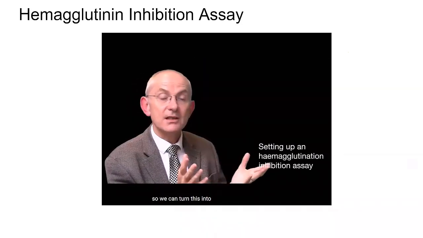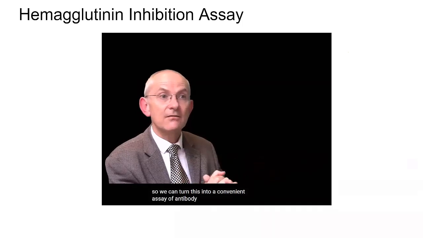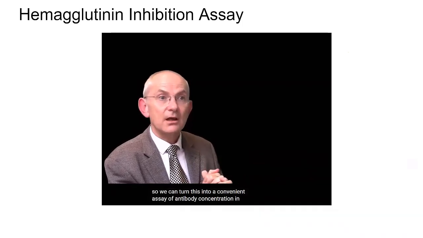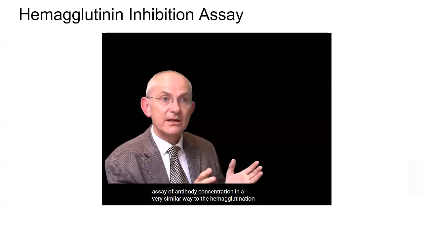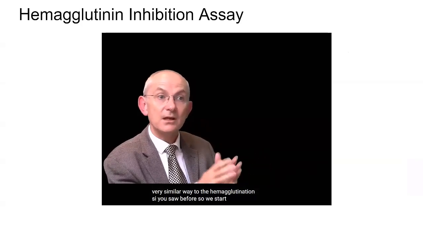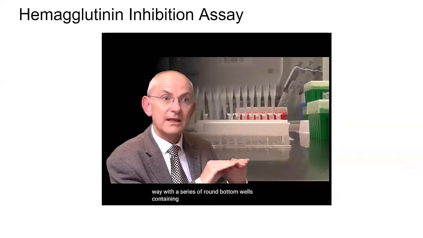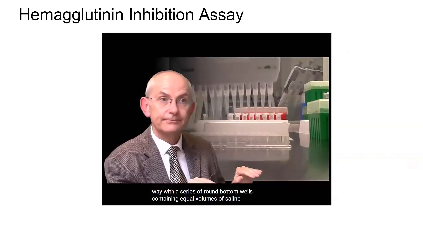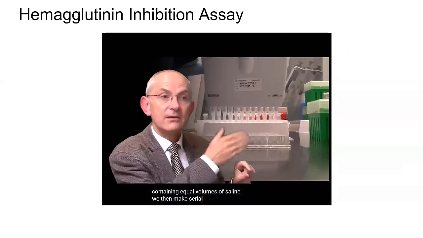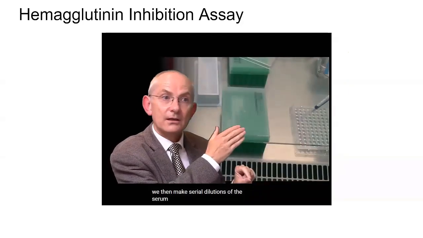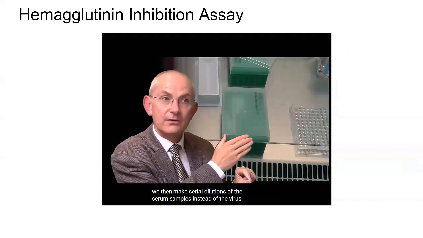So we can turn this into a convenient assay of antibody concentration in a very similar way to the hemagglutination assay you saw before. We start the same way with a series of round-bottom wells containing equal volumes of saline. We then make serial dilutions of the serum samples instead of the virus preparation.